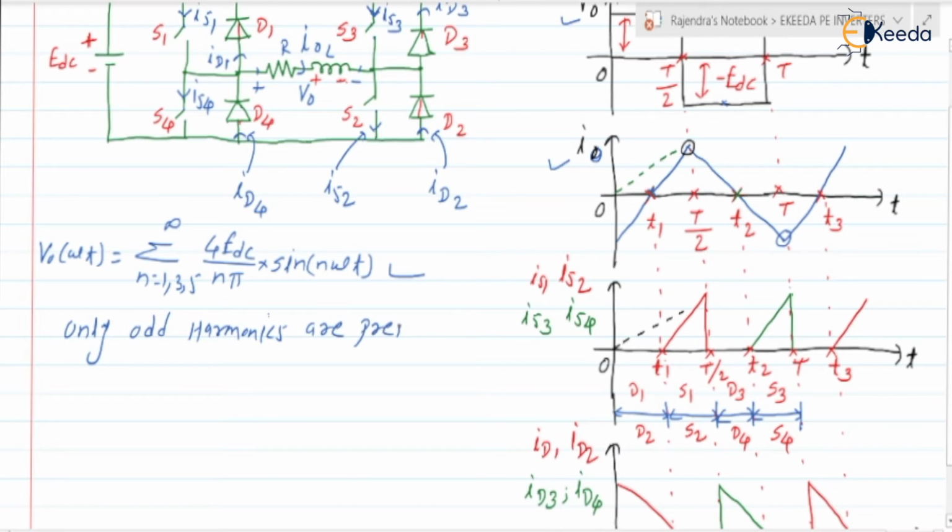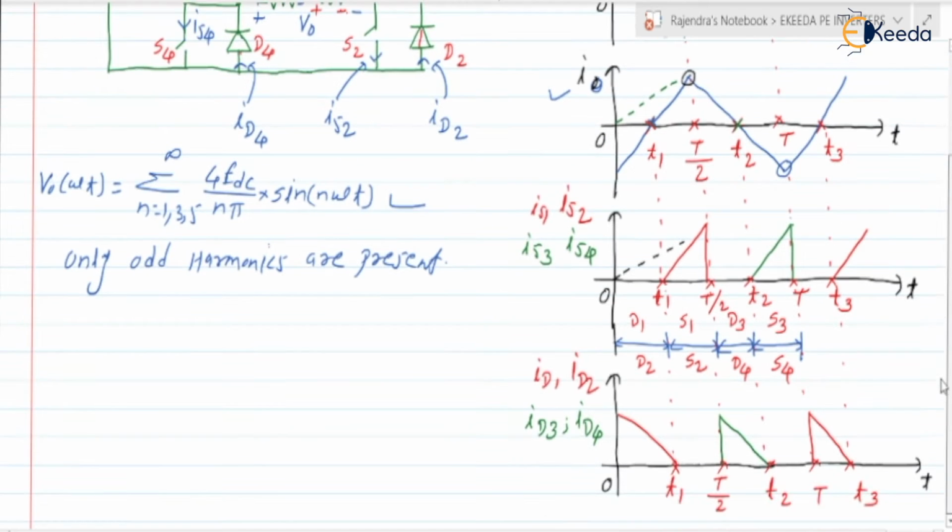Now we have V0 of omega t, which can be written as a summation.